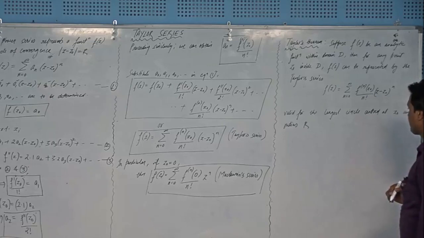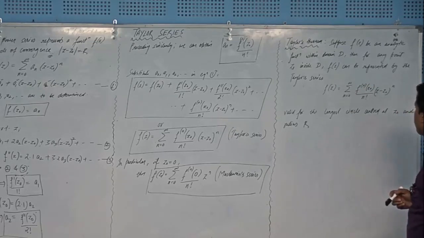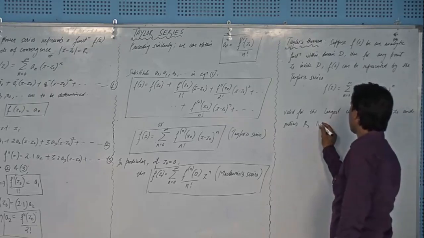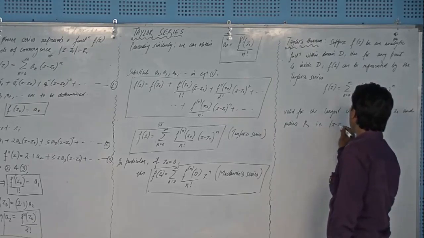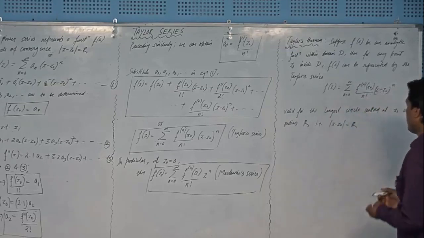Right. So I will draw the domain first, right? That is, mod of z minus z0 equal to R, right?